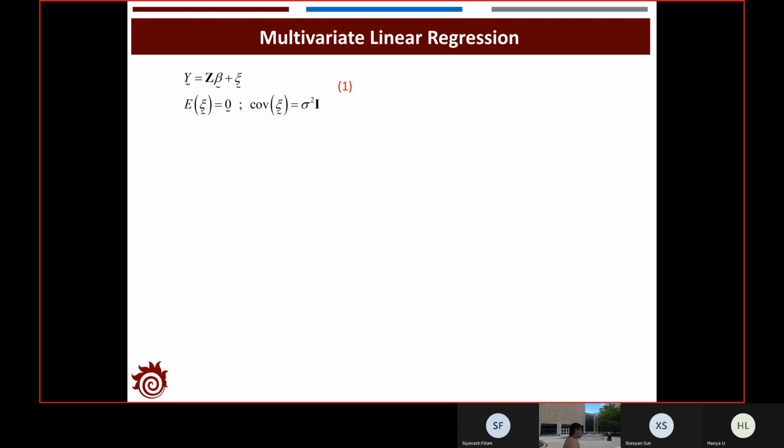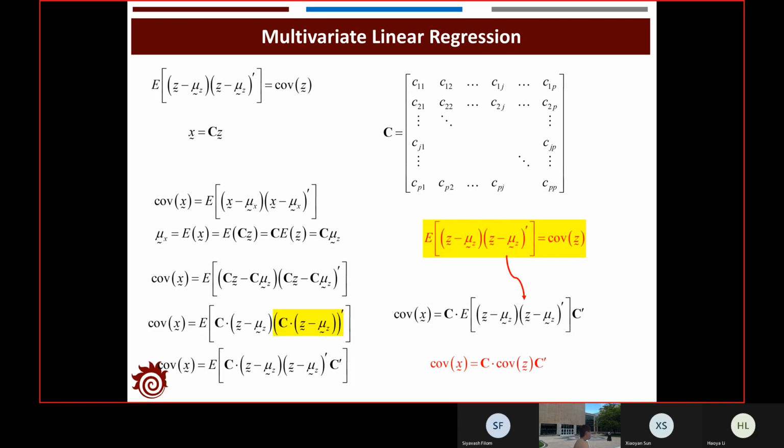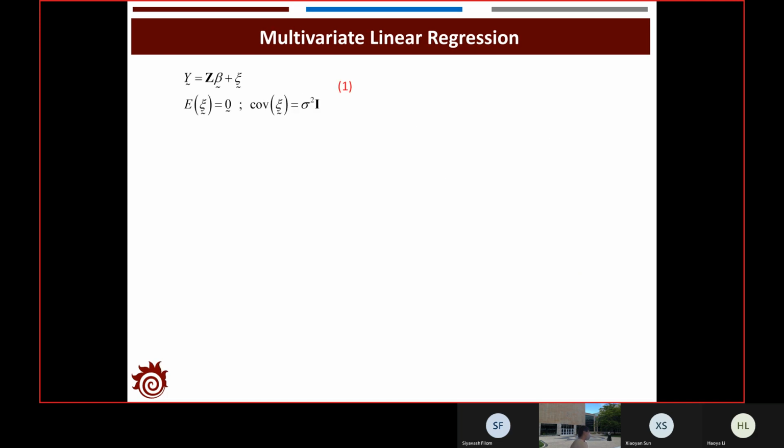And now this is just some background information. We're going to use this information to calculate the covariance of the unbiased estimator. So we know the covariance of epsilon is sigma squared times I. And we also know the expression of the beta hat, which is shown in equation 3 here.